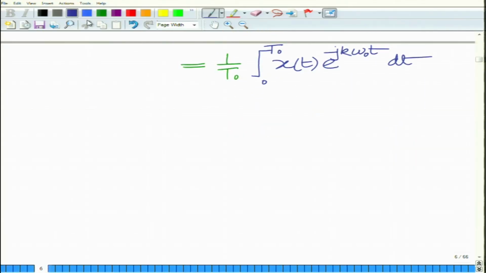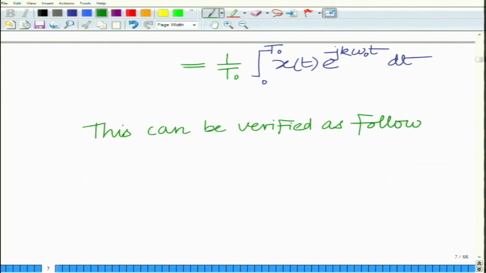So, it can be any contiguous duration of length T naught. And this can be readily verified as follows.